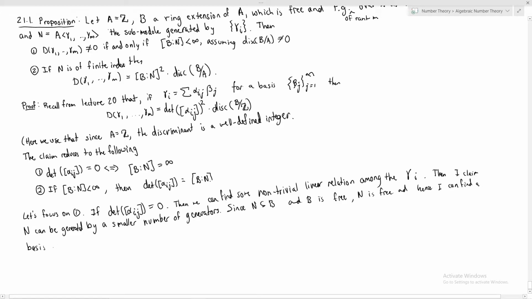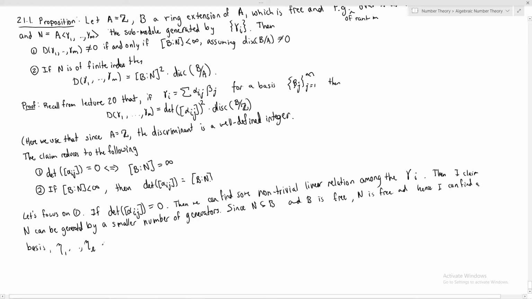Okay, let's call this basis eta 1 through eta L. Okay, and I know that, I see.